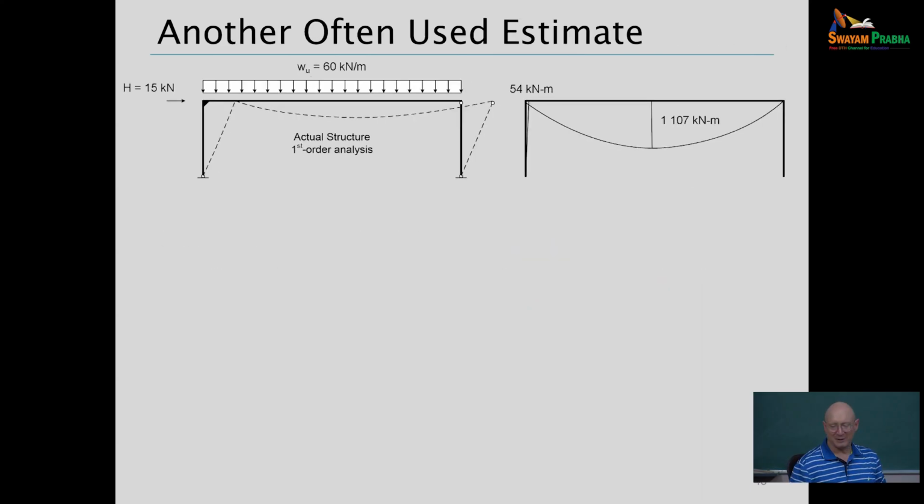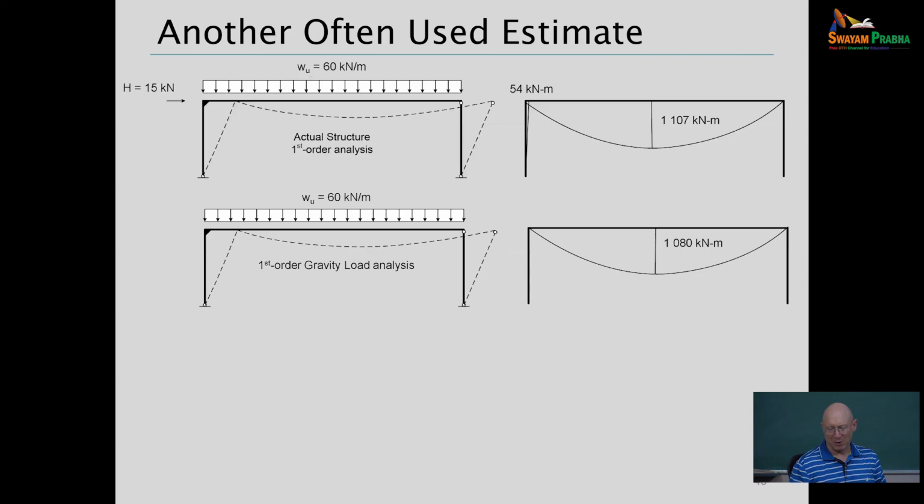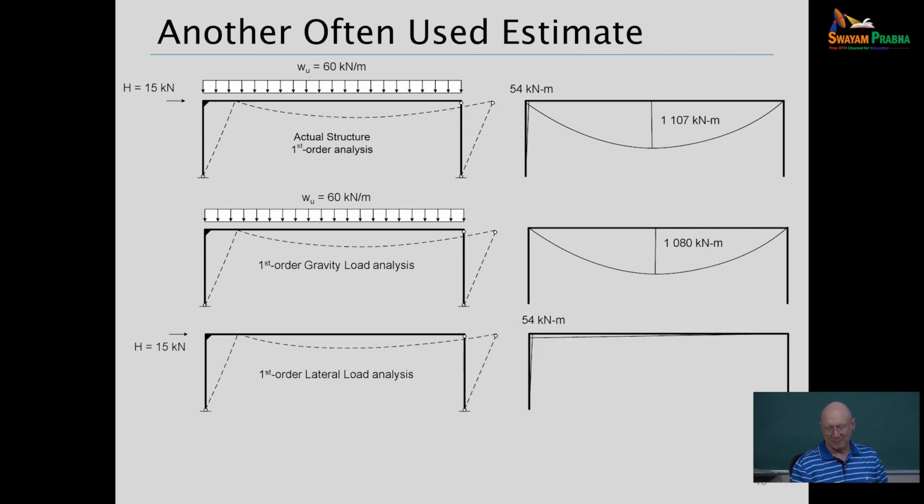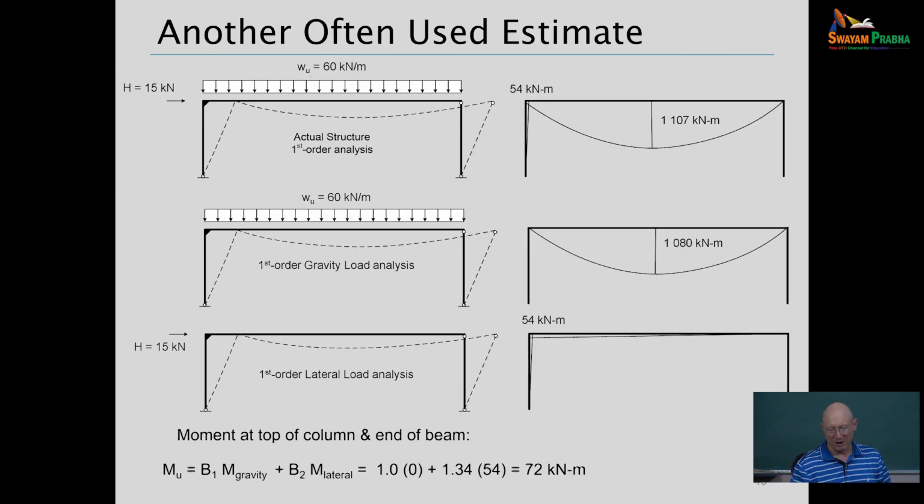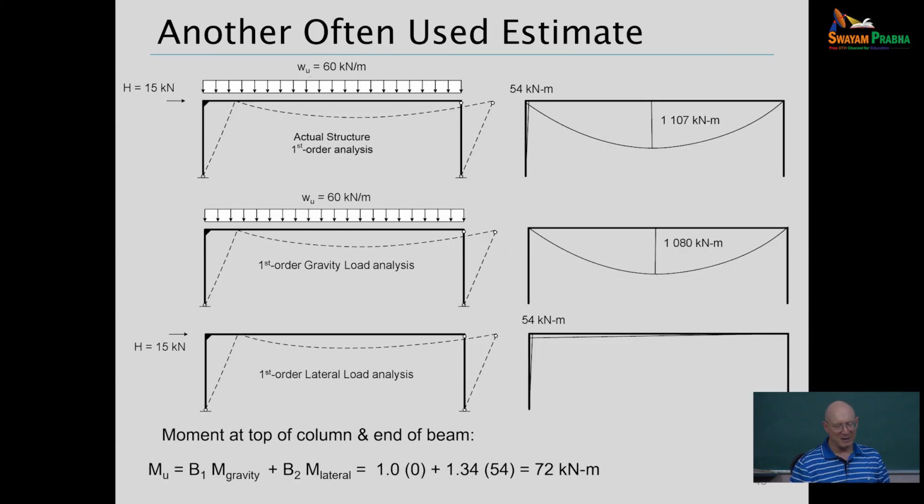Another way that is a near cousin of what I just showed you is to basically say, okay, I'm working in my design office. I'm going to do a gravity load analysis on my structure, and I'm going to do a lateral load analysis on my structure. Let me just take the gravity load analysis and hit that with B1, and take my lateral load and hit it with B2.